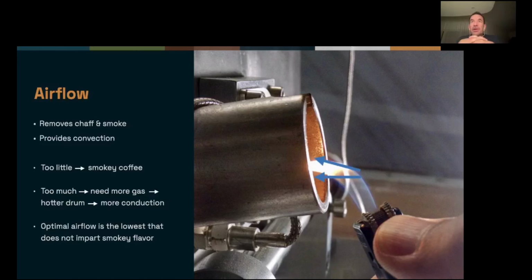And those old machines tended to make really nice coffee. And I really do think that the key to those machines was that their airflow setting was quite low. And there would always be smoke when you opened the door of those machines, but the coffee didn't taste smoky. Not necessarily, anyway. But you had to roast quite dark to start getting a smoky effect in the coffee with those machines.